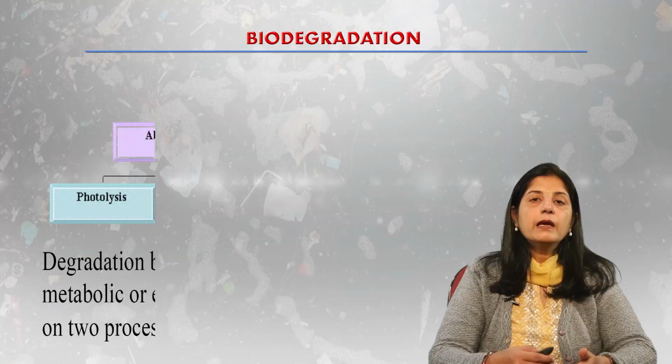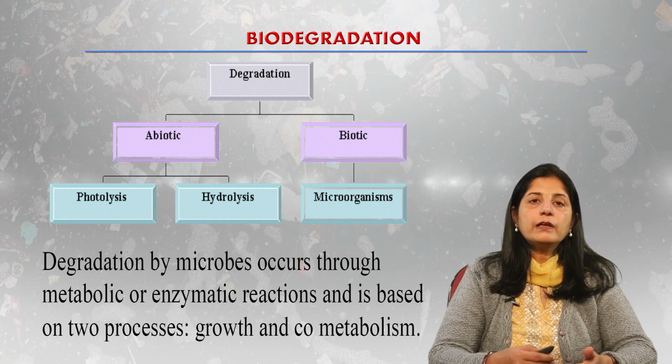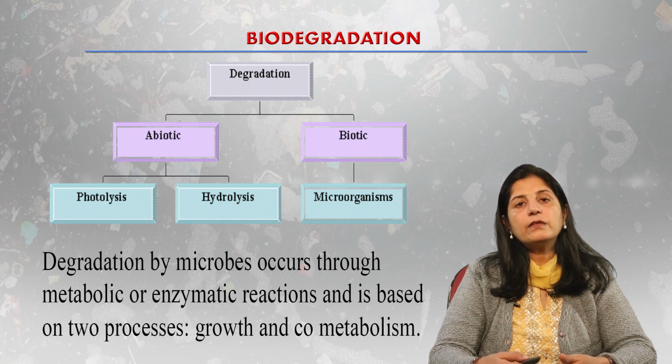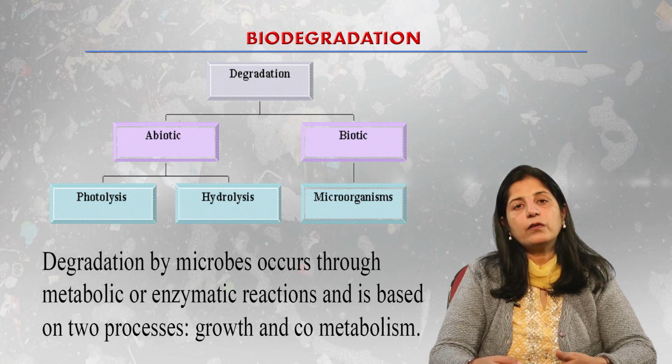So, first is biodegradation. Nature has different mechanisms by which it can degrade most of the chemicals present in nature, and this degradation can be abiotic when it takes place by various physical and chemical processes occurring in nature such as photolysis and hydrolysis.